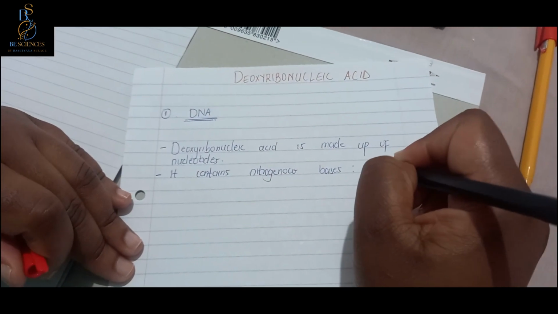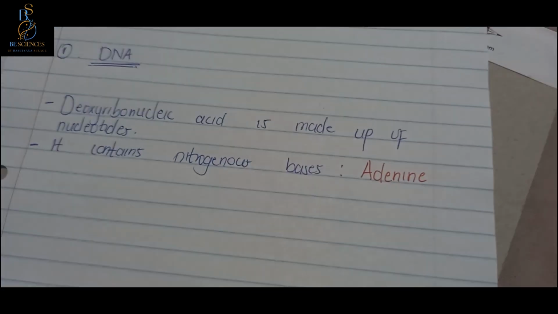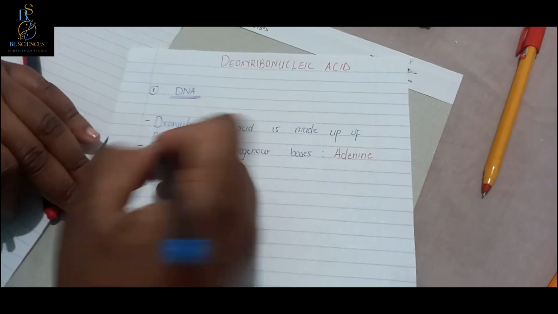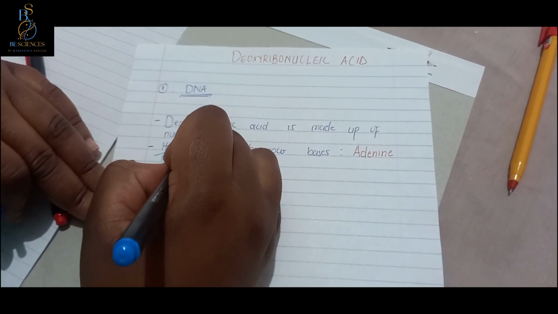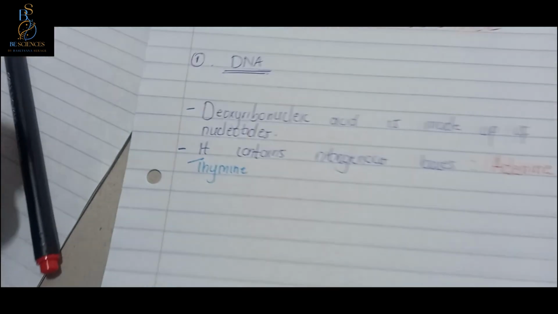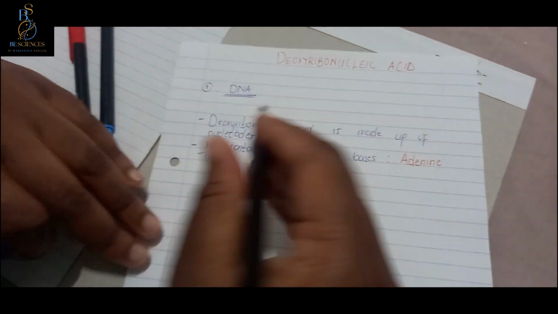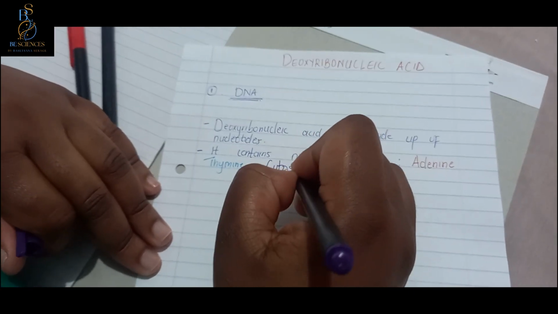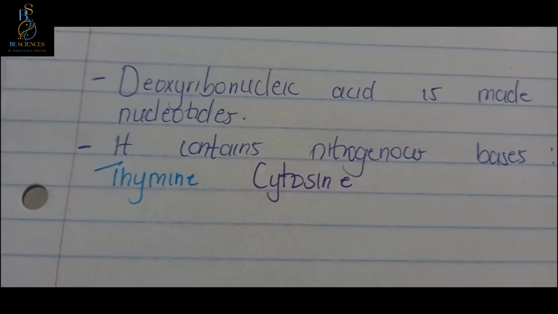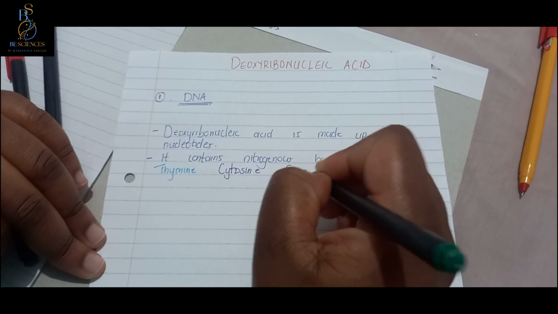Okay, let me use my different colors now. It's adenine, that's the first one. The second one is thymine, which they pair together. We remember that one, and they should be the same amount since they pair together. It's cytosine, and the last one is guanine, and these two also pair together.